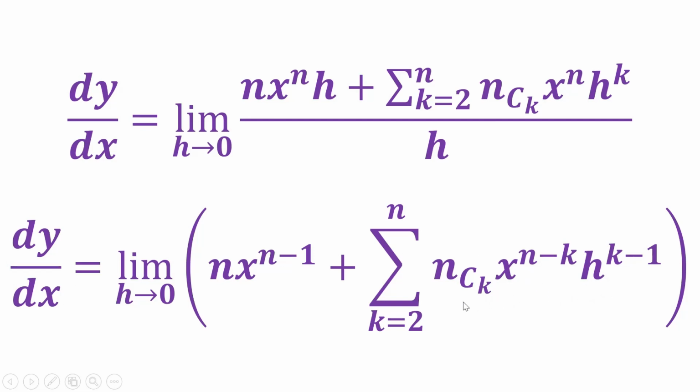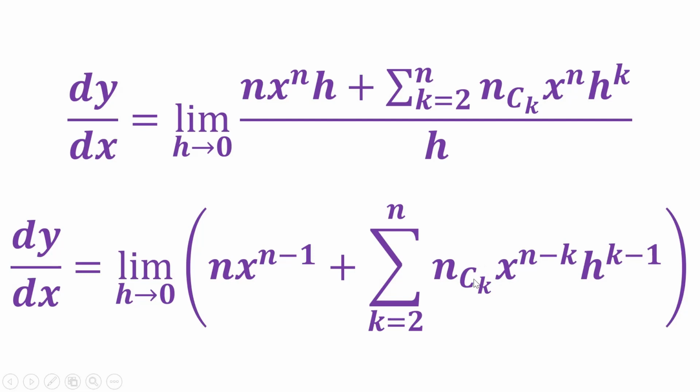Now, at this point, we are going to apply the limit. So by applying the limit, we are saying that we are going to put h to 0. So where we see h, we put 0 there. When we do that, we know this will be 0. All this term is going to be 0.